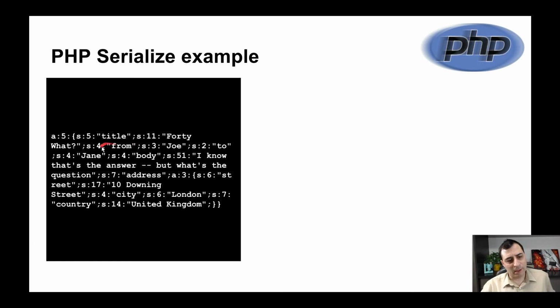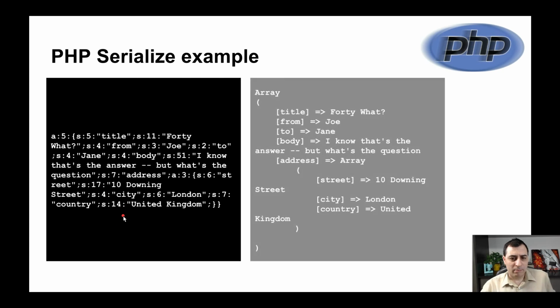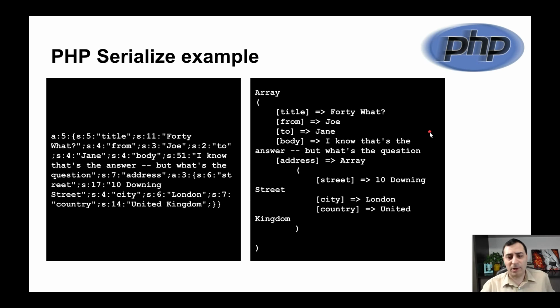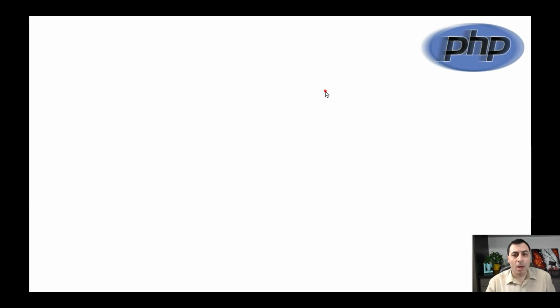So this is a serialized variable value that, as you may see, is not very readable for humans, but once you parse it with unserialize, you will get an associative array with several values. They could be of any type supported by PHP, including some nested arrays, as you may see here.